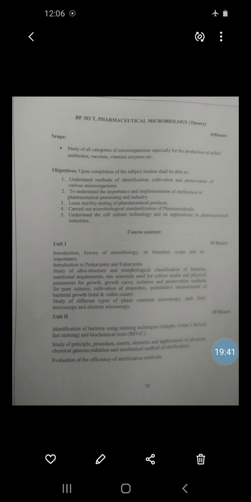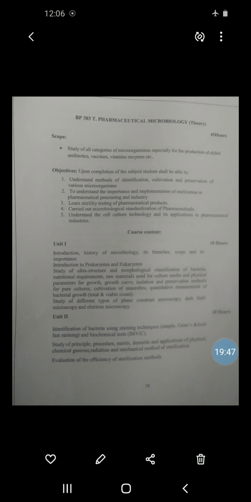Then it is also used for sterilization of delicate instruments or the electric diagnostic instruments which are used in the operation theatre.